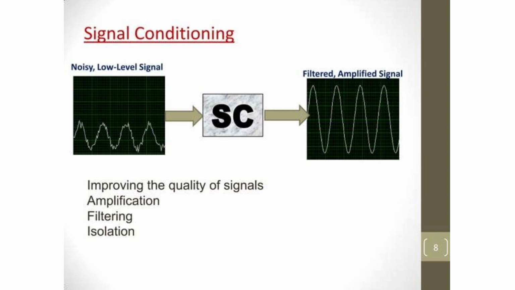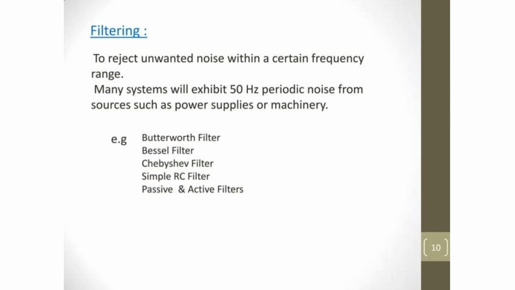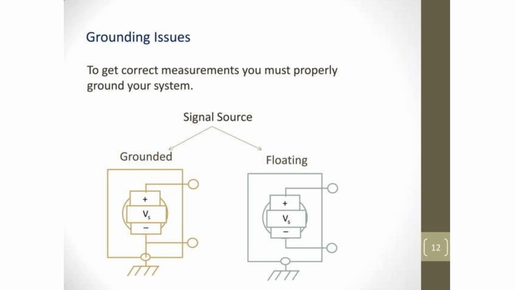Once purified, the signal enters the DAQ module where it undergoes analog to digital conversion, and this digital stream is transmitted through the local computer bus interface to the processor, where the application software takes over to handle the final visualization, alarm triggering or data logging.